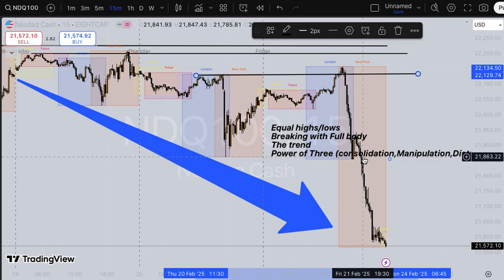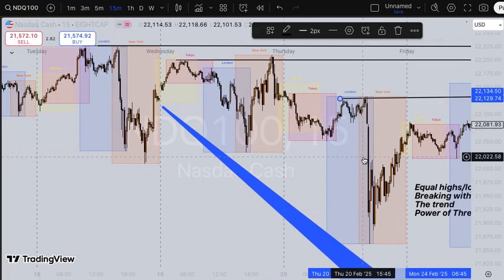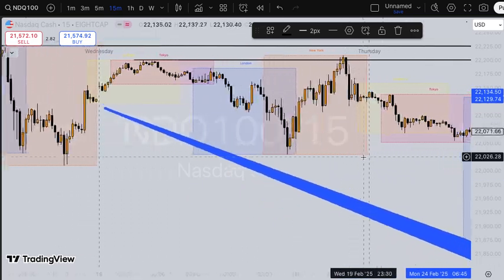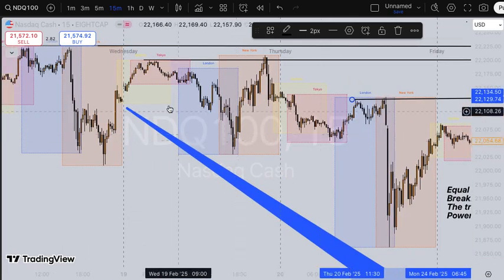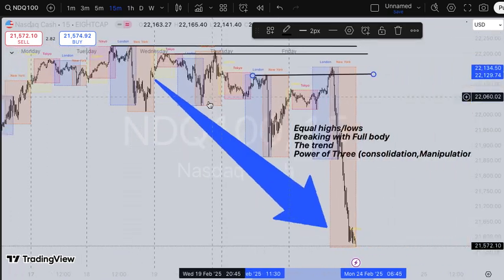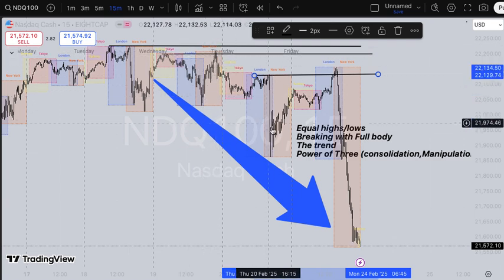You see what I'm talking about? Very simple. And again, I spoke about the trend. I said if the trend is a downtrend, we must go down and make sure that we take liquidity from the upside before we deliver to the downside.